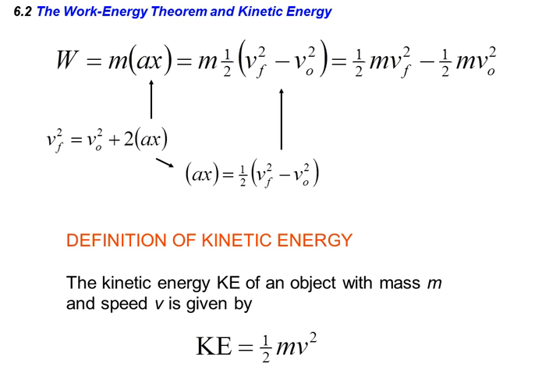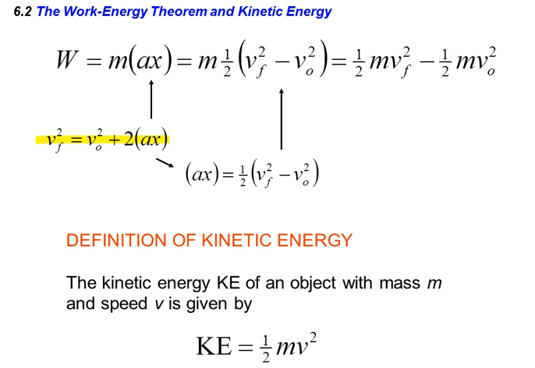Well, if we continue with that, looking at the a times x, let's go back to kinematics and look at the kinematic equation: the final velocity squared is going to equal the initial velocity squared plus 2a delta x. And this is when we have a constant acceleration. This equation holds up.